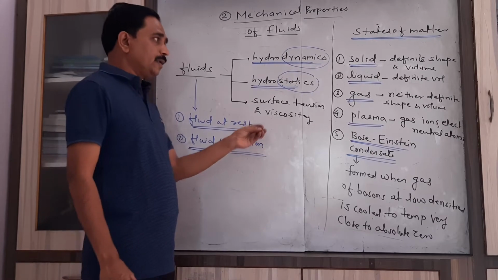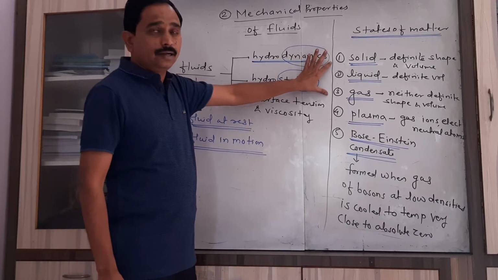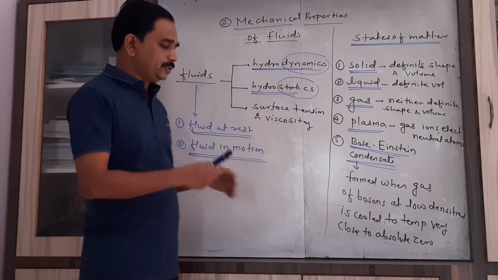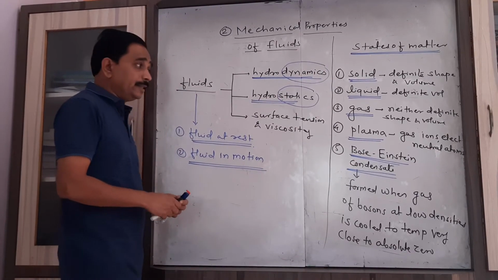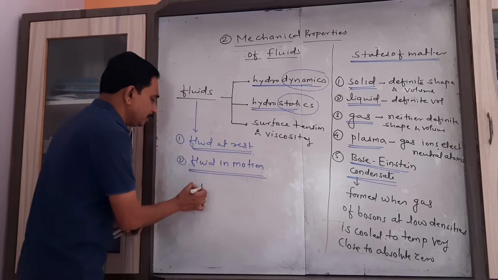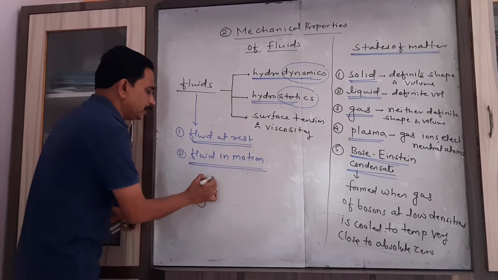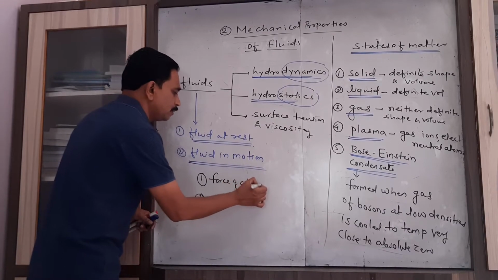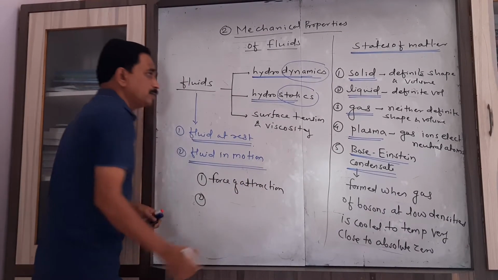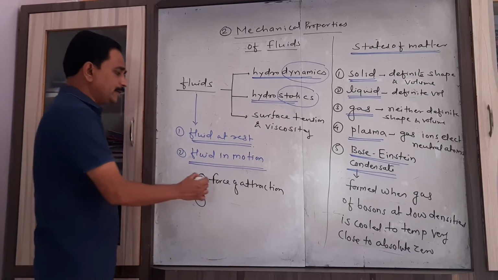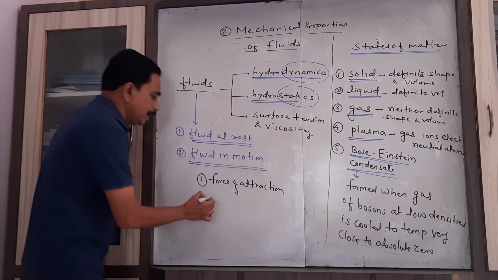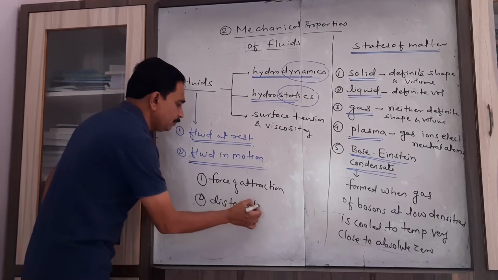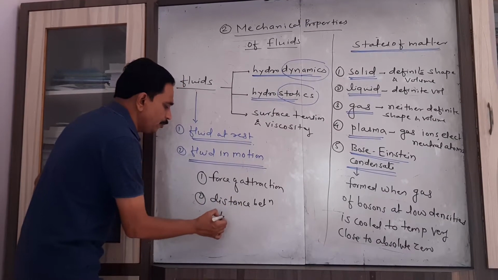So how do we differentiate these states of matter? Which are the factors on which we generally differentiate the three states of matter? These two factors are the force of attraction between two molecules of that substance, which is called intermolecular force, and second, the distance between two molecules.